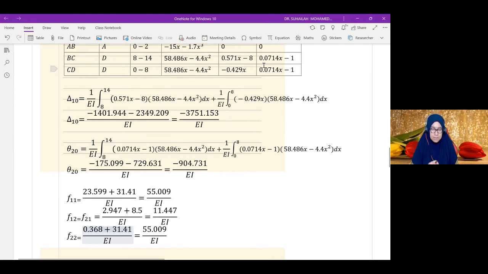And then 0.0714 x minus 1 square from 0 to 8. This is 4.3.